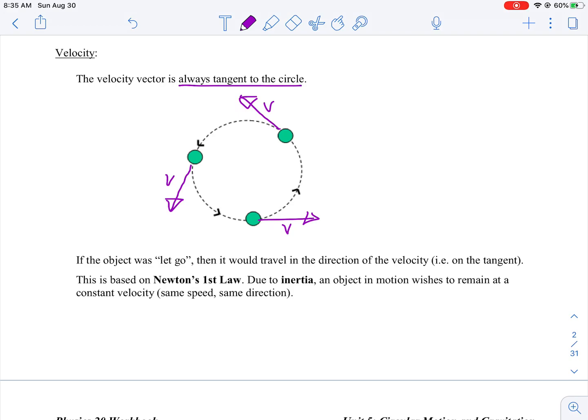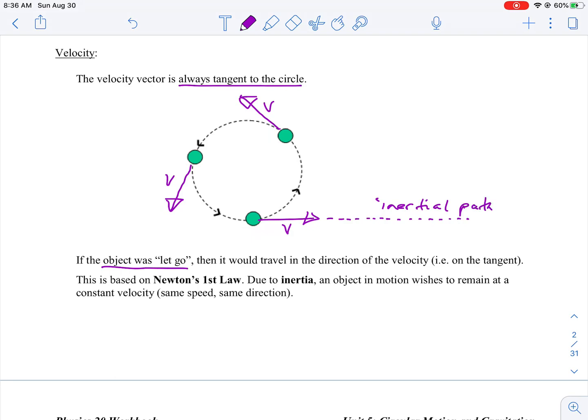It turns out the direction of this velocity vector is very important because it tells you what would happen if the object was let go. For example, at the bottom, if you let go of that object, due to inertia it wants to keep going in a straight line. You could call this the inertial pathway.